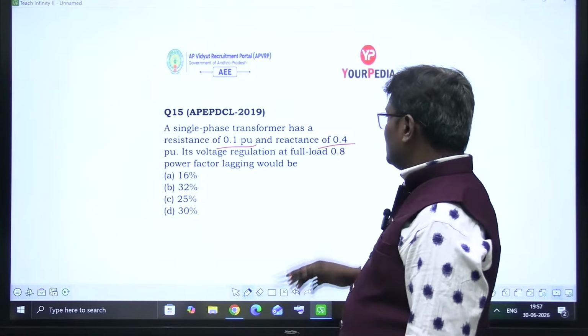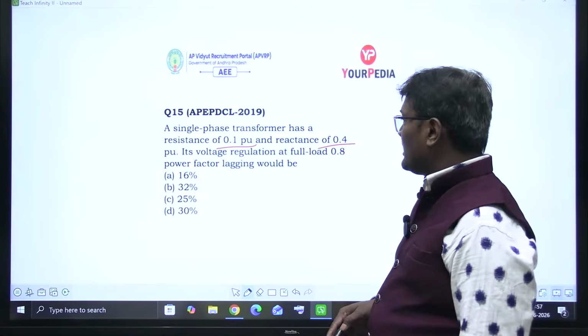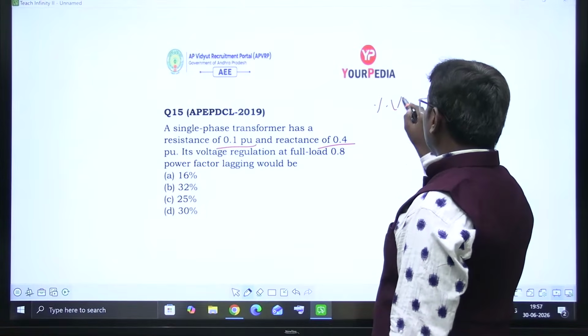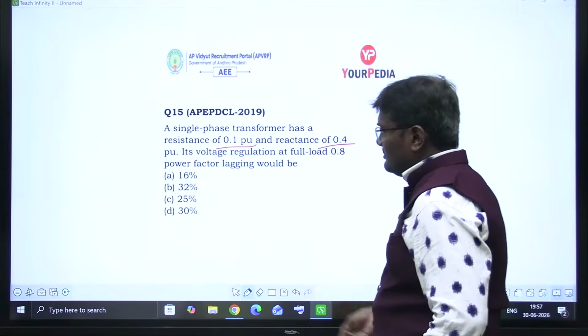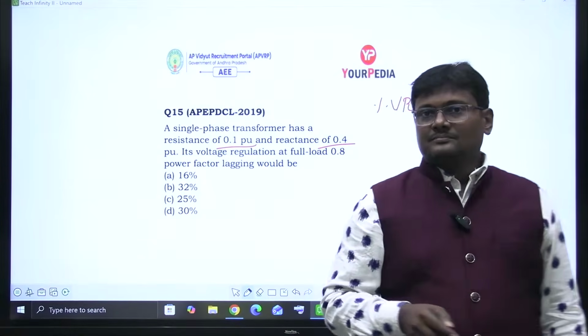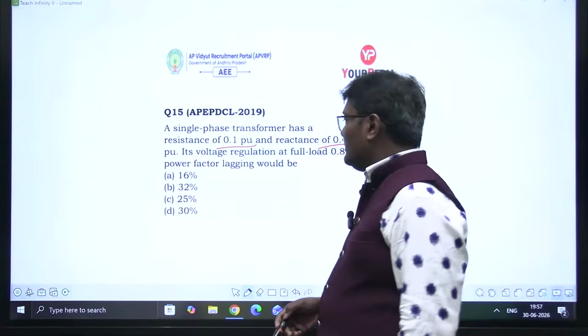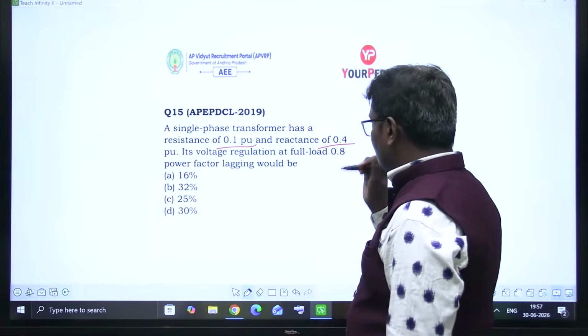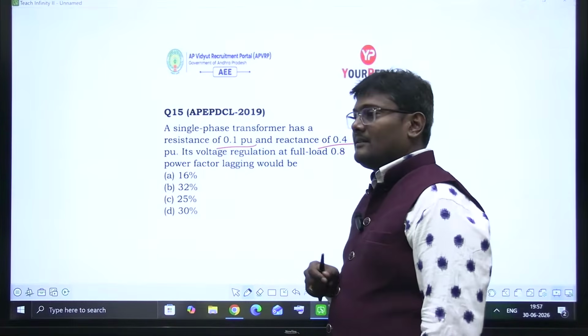Its voltage regulation at full load 0.8 power factor lagging would be? Okay. So you know the percentage voltage regulation, I won't tell you. Tell me the direct answer. I already discussed this, right? The same model.